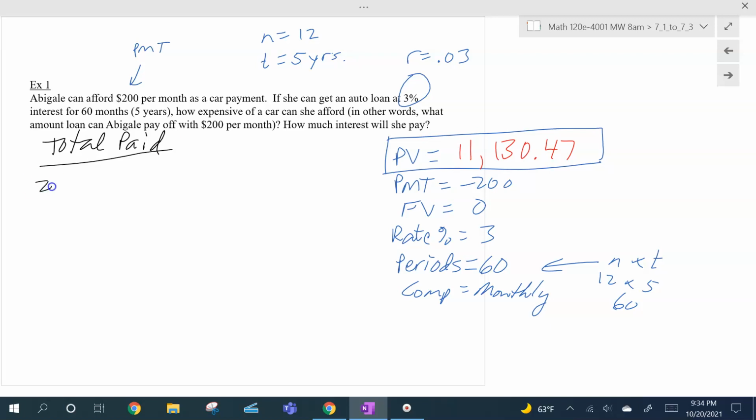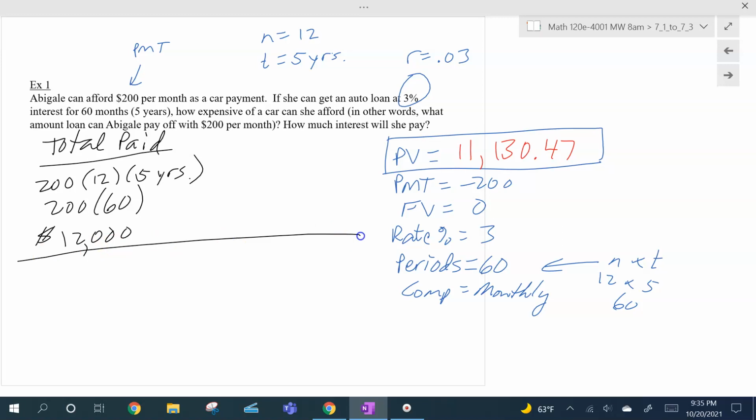Well, she made $200 payments 12 times a year for 5 years, right? In other words, she made $200 payments 60 times. So we got 12,000 bucks is the total that she paid for the car, right?